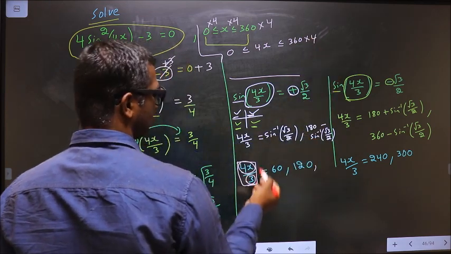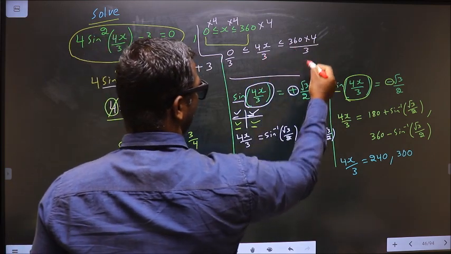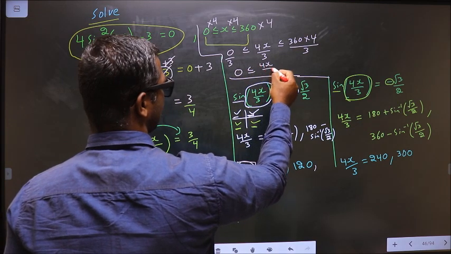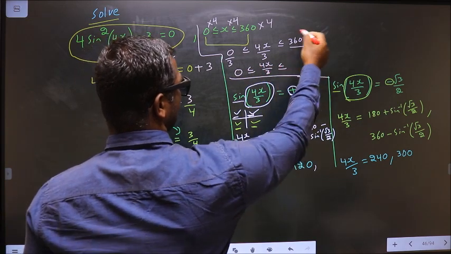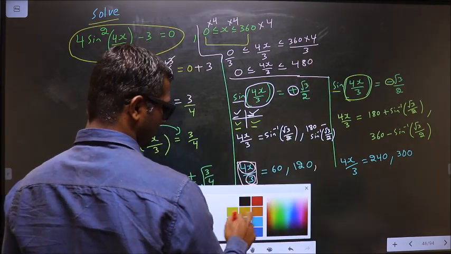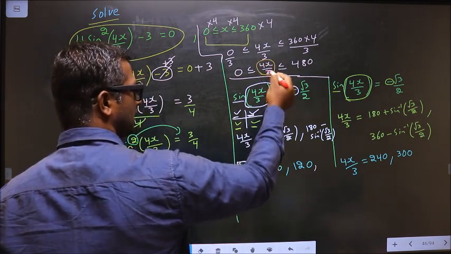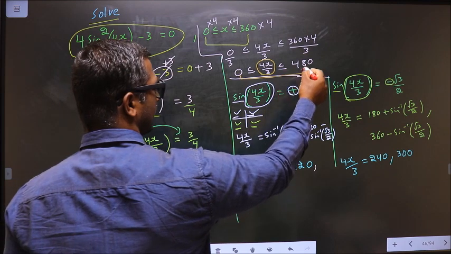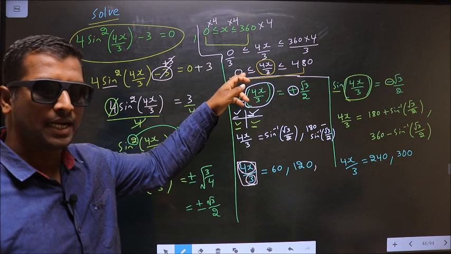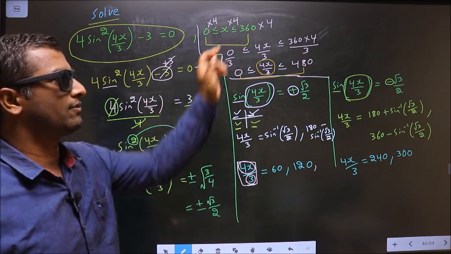Now to get 4x/3, you divide by 3. So we get 0 ≤ 4x/3 ≤, calculate this, you get 480. Now the values for 4x/3 should lie in this interval. When this happens, automatically the values for x will lie in the required interval.